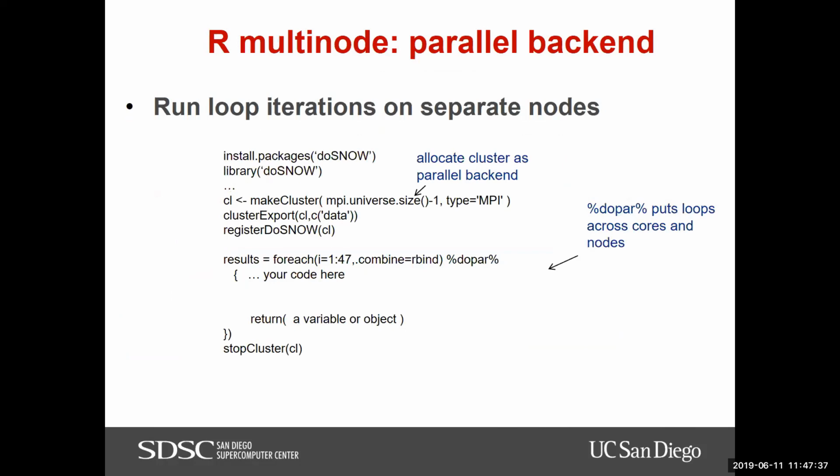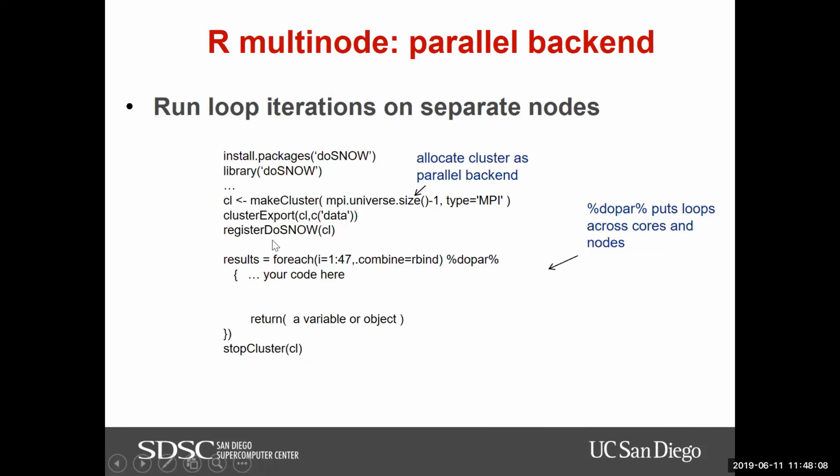There is a way to run R across nodes, and that requires a slightly different initialization. There's a package called doSNOW, and in that case, we have to make a cluster. You have to tell it, okay, I'm going to use MPI, which is the Message Passing Interface, to go across different nodes. You have to tell it how big, they call it here the universe, but it's basically the number of nodes you have.